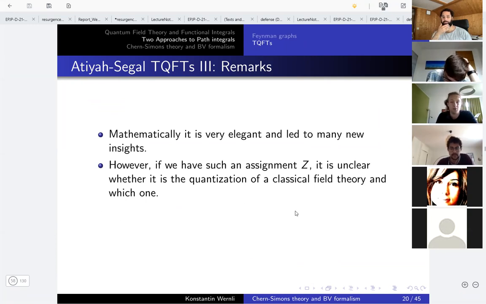But one problem is that when we have such an assignment Z, these assignments are actually functors usually. So when we have such a functor, it's not clear. We remember that we're trying to find more information about the path integral. So it's not clear how these assignments are related to the path integral, right?